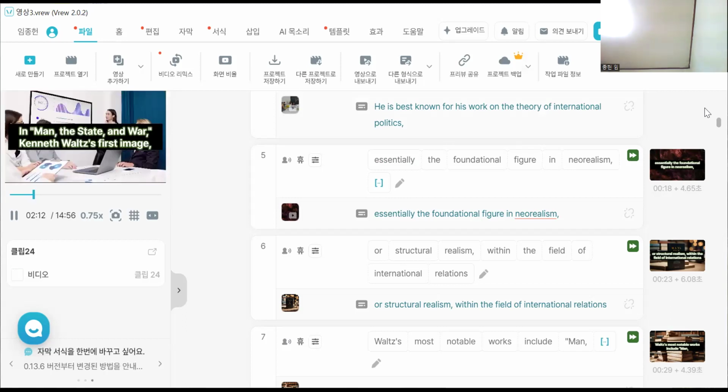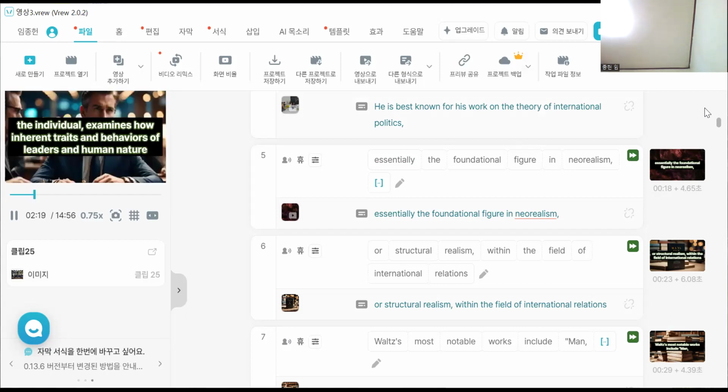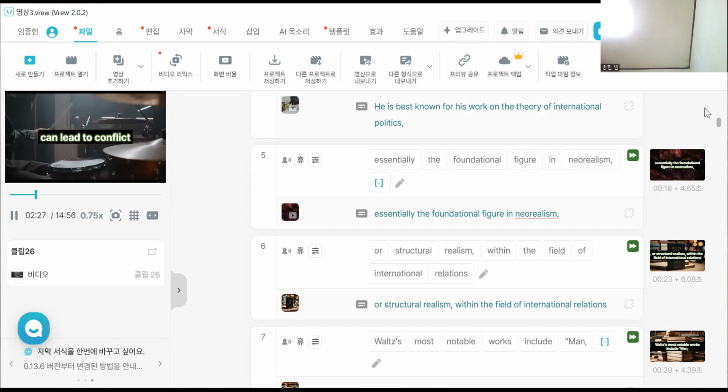In Man, the State and War, Kenneth Waltz's first image, the individual, examines how inherent traits and behaviors of leaders and human nature can lead to conflict.